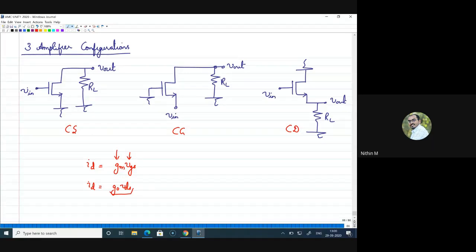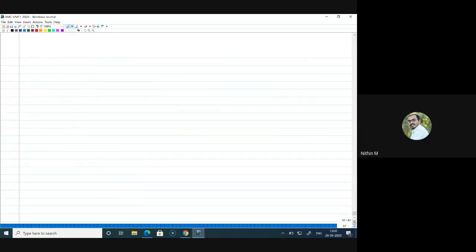That's all. Okay. So coming back to, we will start with the first amplifier discussion. So let me start with common source amplifier. Now, if you understand common source amplifier, the rest can be understood very easily.